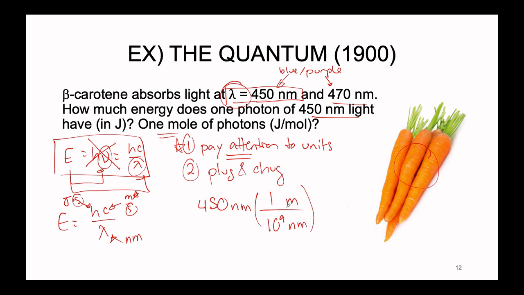Nano just means 1 billion. The way that I personally remember what nano means is that nano starts with an N. And the number 9, which is in the exponent here, also starts with an N. So nano means that you have 10 to the 9 of whatever unit it is that you're working with. In this case, it just happens to be meters.